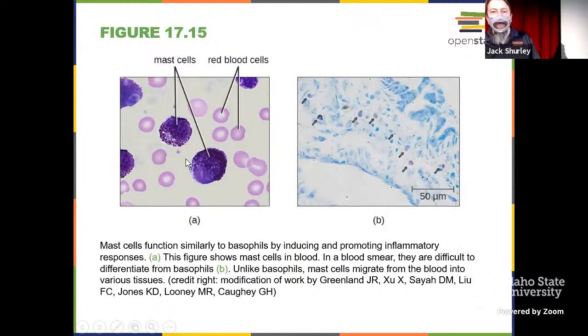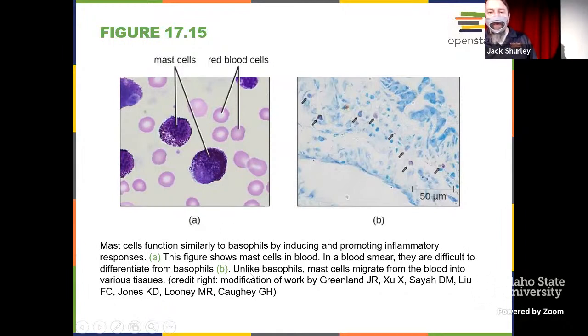So here you can see the erythrocytes, empty little shells, if you will, no nuclei within here. And then these mast cells that are very large, almost fuzzy looking with the granular appearance in there. They're difficult to differentiate, mast cells and basophils.